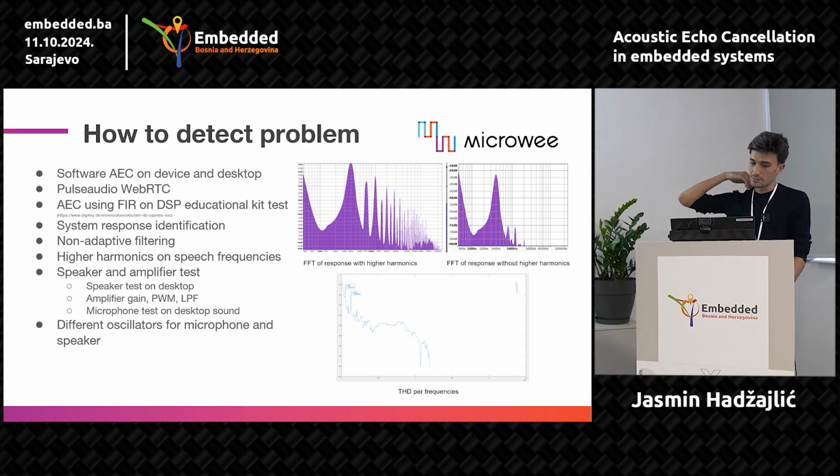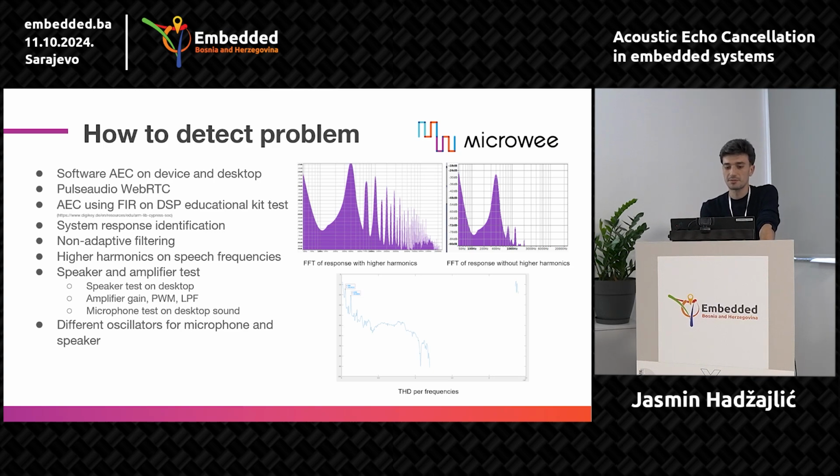We replaced that speaker with a 3 watt speaker, and then we got no higher harmonics, and we got better acoustic echo cancellation. On the third picture, there is total harmonic distortion per frequency on our setup, and as you see, especially on lower frequencies, we have really high harmonic distortion.